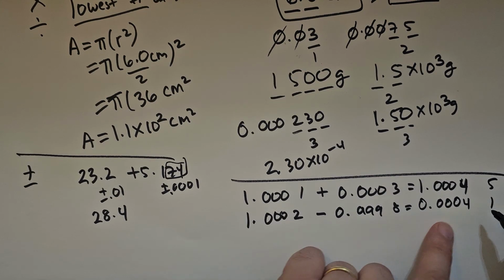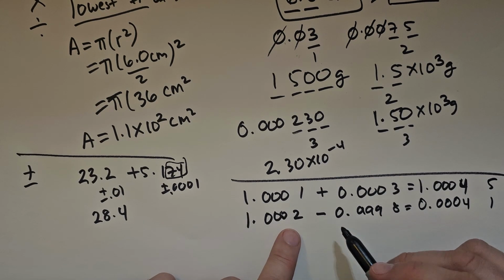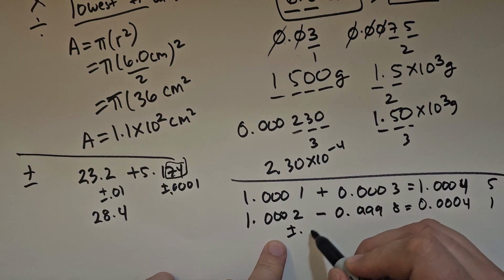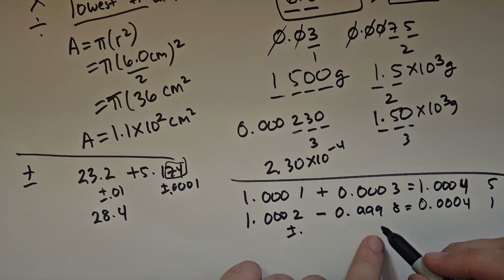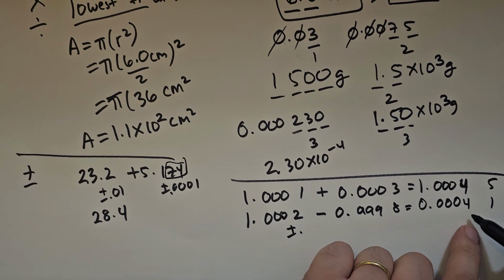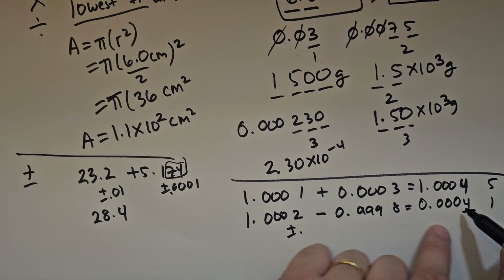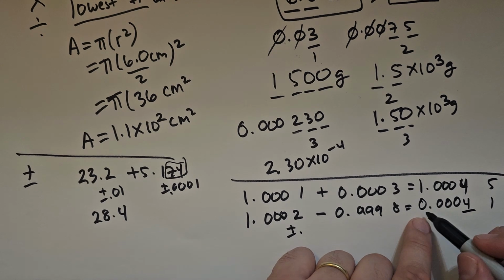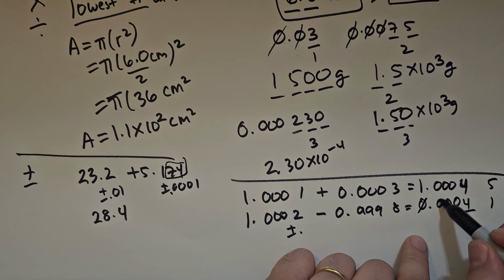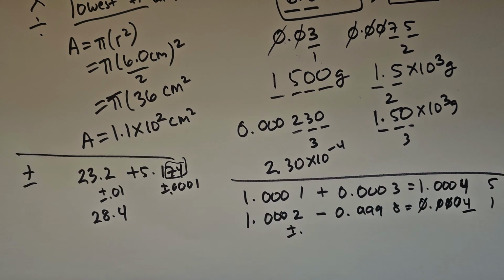Okay, why did that happen? Well, it happened because the error, remember, is plus or minus 0.0001, and the error here is plus or minus 0.0001, and the error stays the same. So if we were to write 5 significant figures here, it'd only be significant when these leading zeros are all ignored, right? So the number becomes less precise.